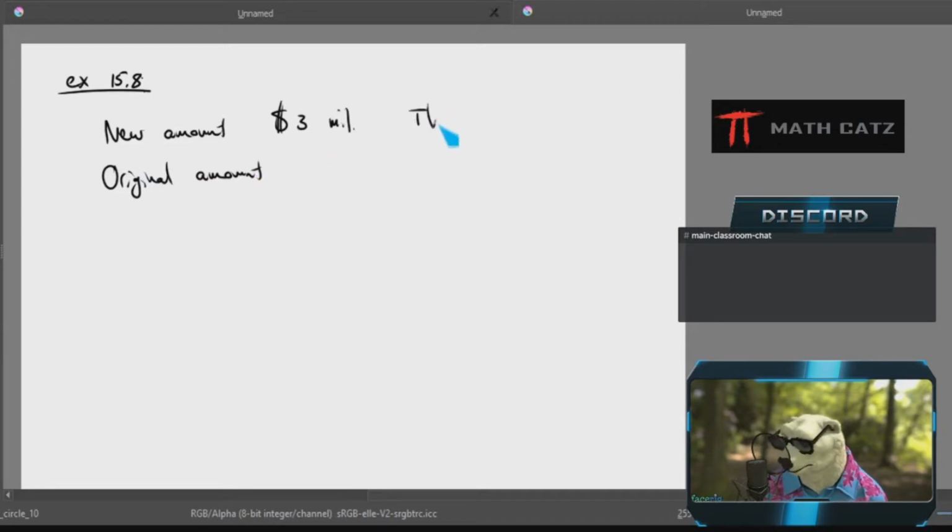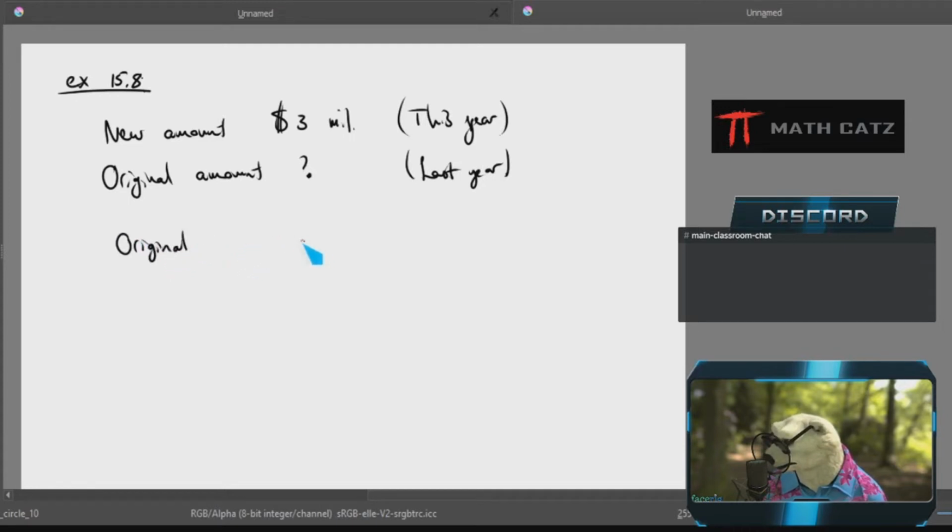So this year, ooh, my writing is terrible. And last year, I don't know what this is. And I do know that from original to new, if I can call it that, is an increase by 25%.